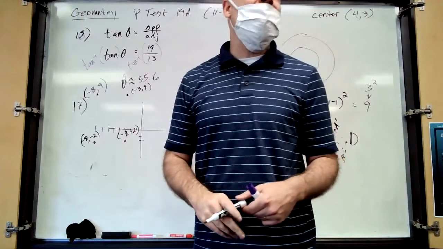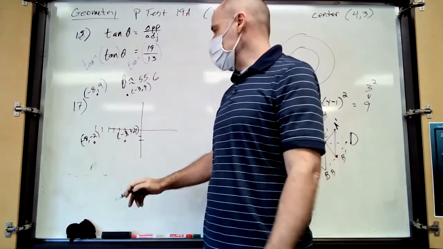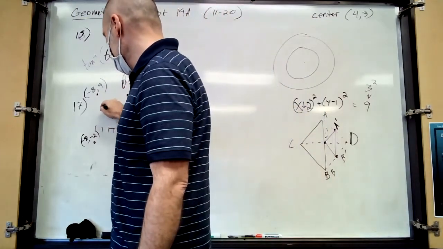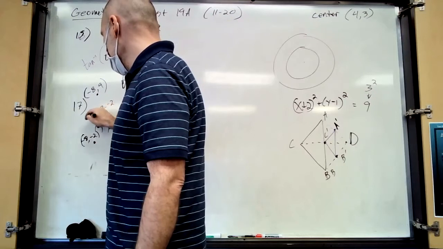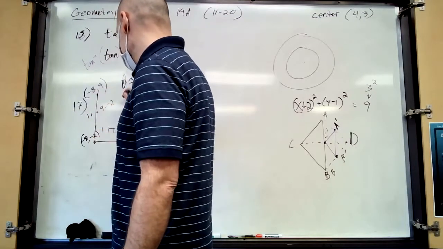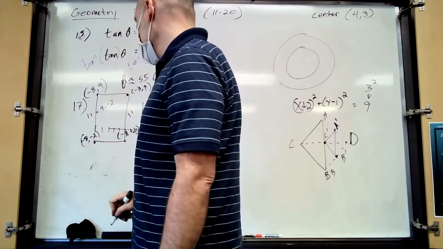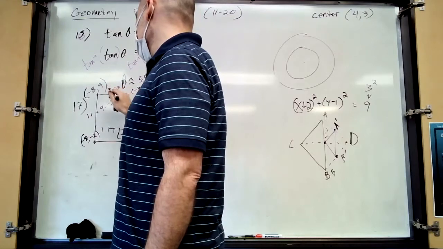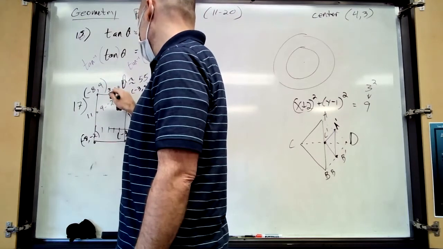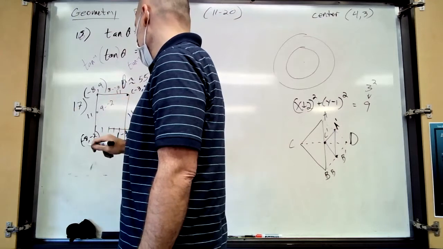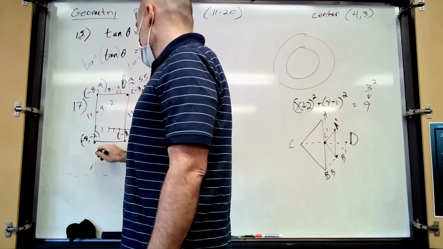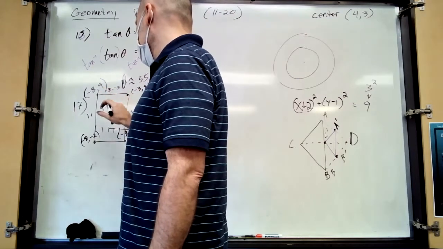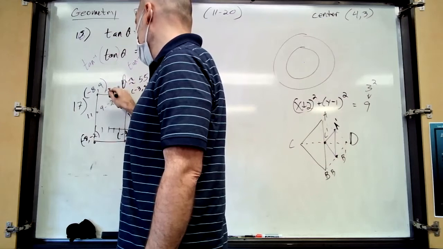Okay, so how do you figure that out? You can find the distance between these by just subtracting 9 minus negative 2, and that equals 11. So if that's 11, that's 11. The distance between here is going to be negative 8 minus negative 3, which is 5.